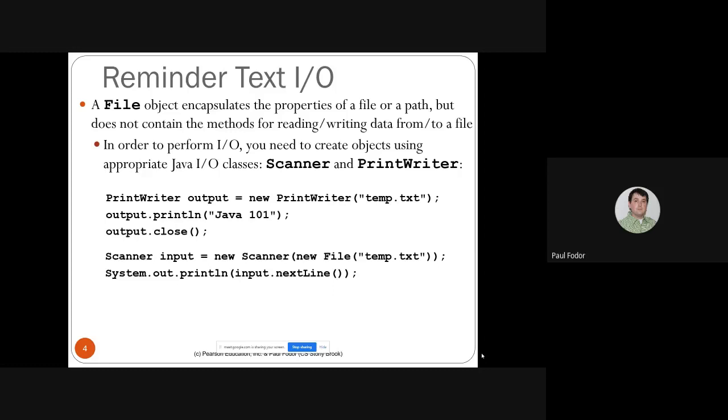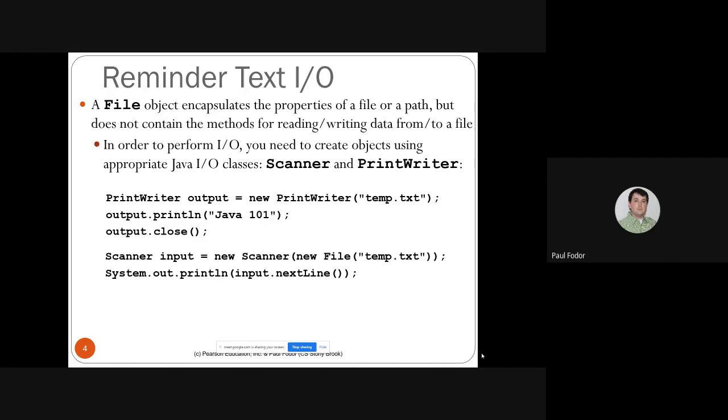Here we have a simple example in which we create a print writer for temp.txt and write Java 101 to this file. Then we flush from the temporary space, the main memory, to the persistent storage, the flash drive or the hard drive.